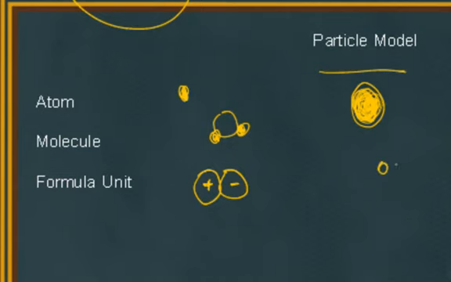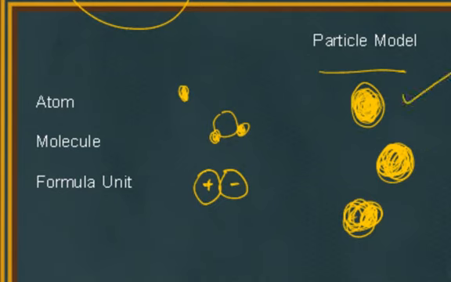For the water molecule, rather than the three individual atoms, we just model the water molecule as a sphere. And for the formula unit or even individual ions, it doesn't matter. We still treat them as an individual sphere. So in the particle model, all of the different gases, regardless if it's an atom, a molecule, an ion, or a formula unit, are all going to be viewed the same as an individual sphere.